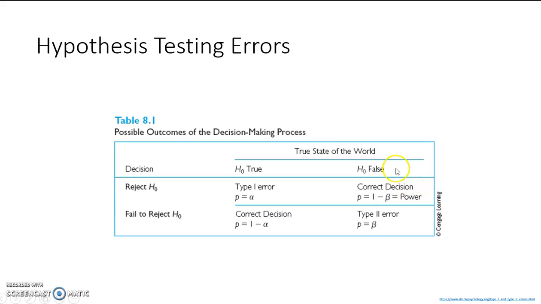Okay, and if the null hypothesis is false and we reject it in favor of the alternative, then the probability of making that correct decision is 1 minus beta. Now, just to introduce briefly this term, this is called power. We'll talk about this later, but this is something that you want to maximize, right? The probability of making a correct decision.